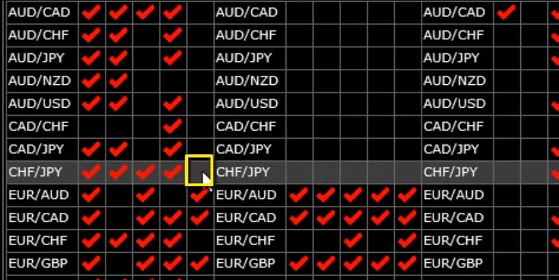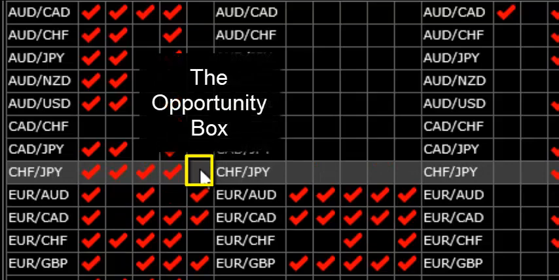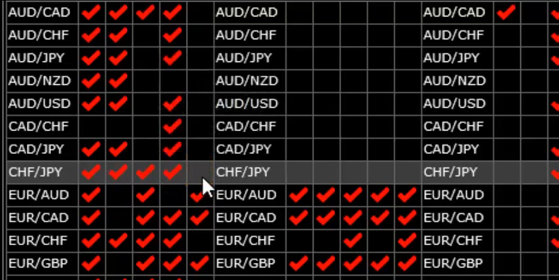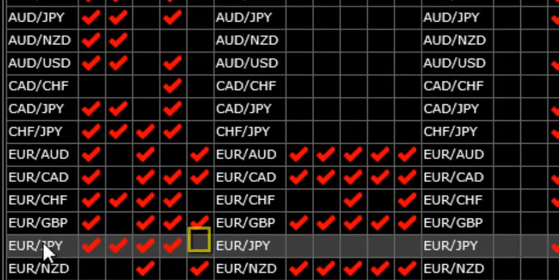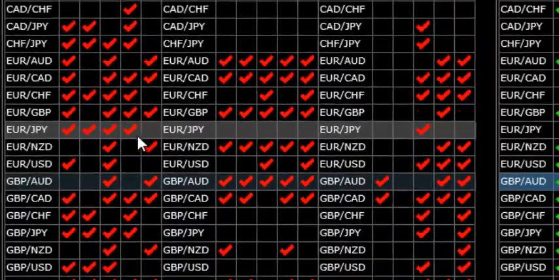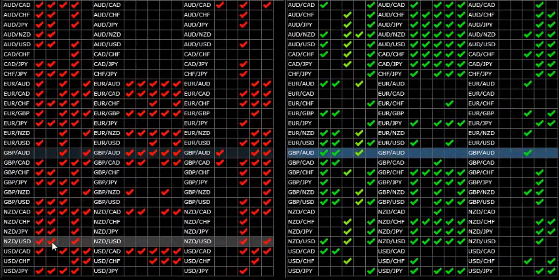So that's an opportunity box. That little open box right there where you've got 4 red and blank is an opportunity box. And you'll see one there. You'll see one on the Euro Swiss. You'll see one on the Euro Yen. You'll see that several are related to the yen on this larger time frame.